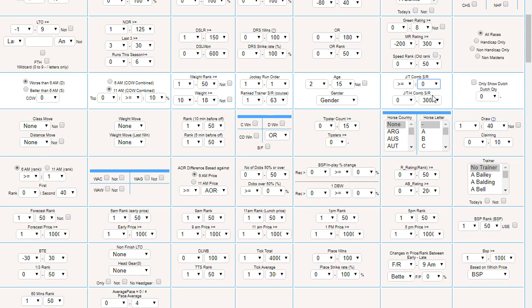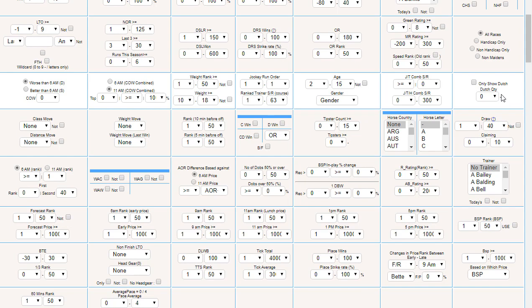Maybe they're worth backing, or if you're laying, going the other way around and saying who's the worst, that kind of thing. Or you can do equal to, but that's very, very difficult. Sometimes you might want to do it, if you've got the jockey, trainer and horse combined, are they between 20 and 50% or something like that.